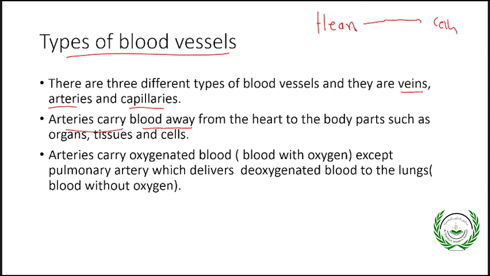So they deliver the blood to organs, tissues, and the cells. Remember, arteries take blood away from the heart to the cells, organs, and tissues. The arteries carry oxygenated blood with oxygen, except the pulmonary artery, which carries deoxygenated blood without oxygen.